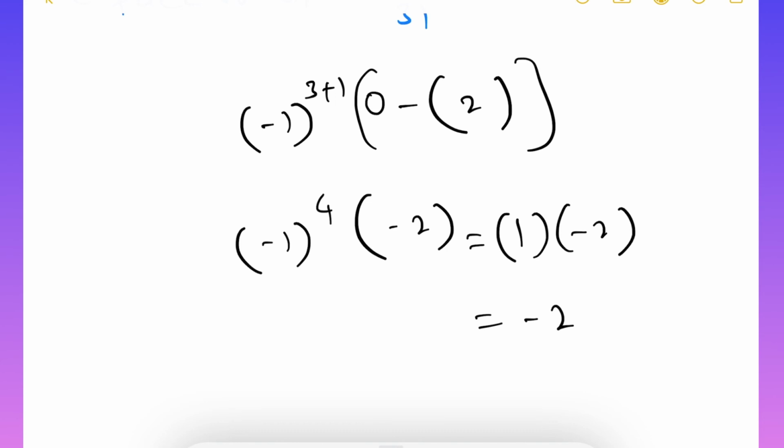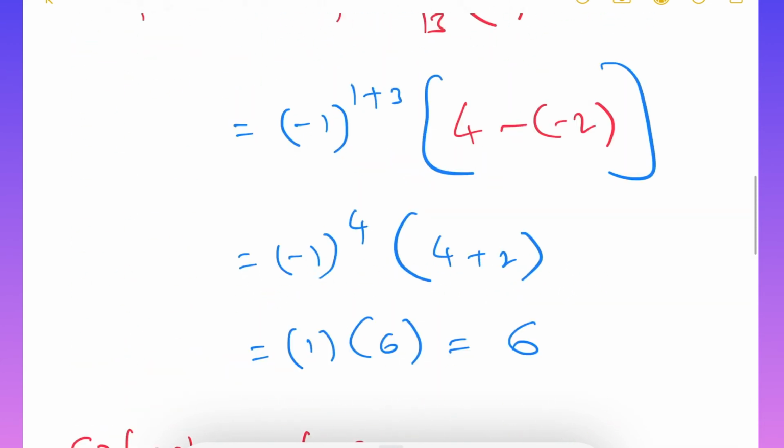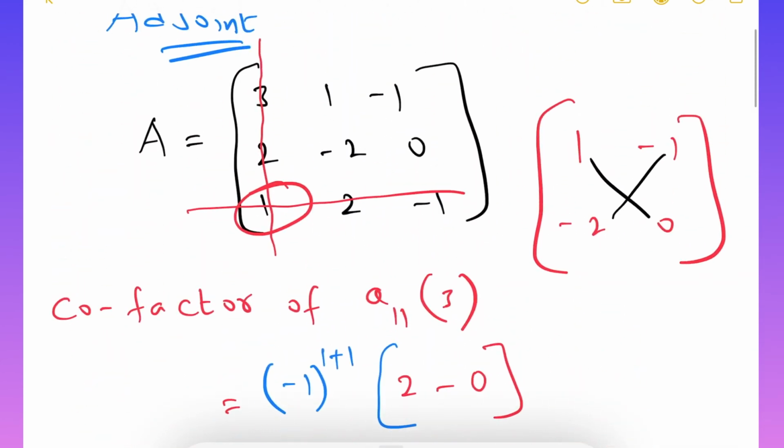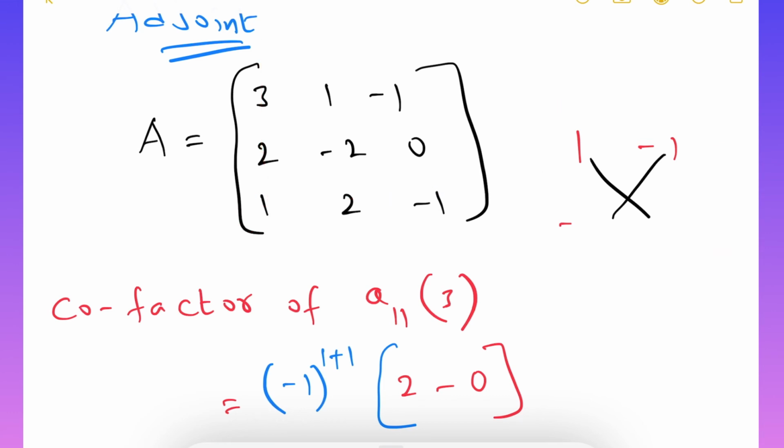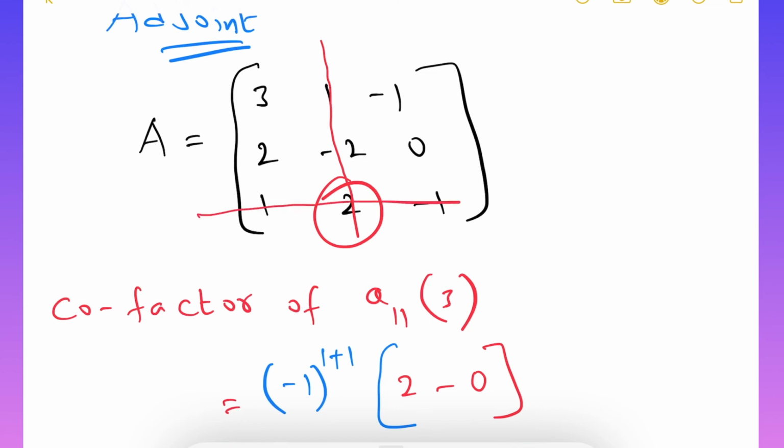Now let us move to the third row second column. Okay, this is the element for which we need to find out the cofactor. So first delete that column as well as delete that row. Then remaining is 3 minus 1 2 0.